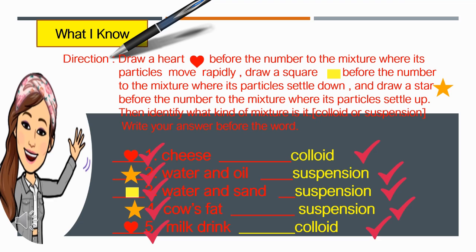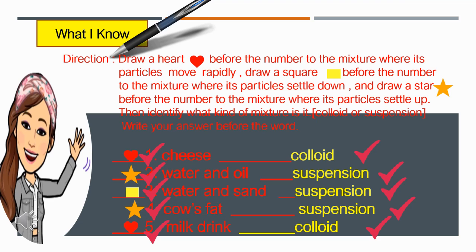Number 4, the word calcium. You draw a star, meaning the particles settle up. Very good. Check. Kind of mixture: suspension. Check.